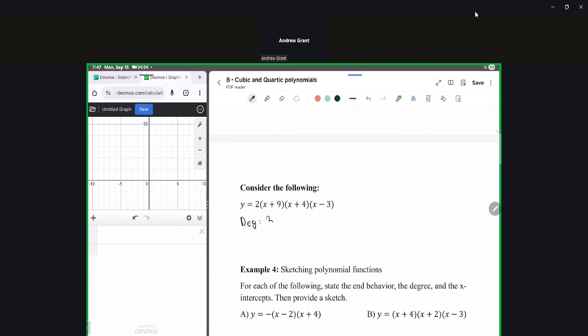This is a degree 3. The leading coefficient is a positive number. In this case, it's 2. And so we have a degree 3 positive, which means it goes from quadrant 3 to quadrant 1. Now, I'm going to make a bit of space here because I didn't plan that one out.